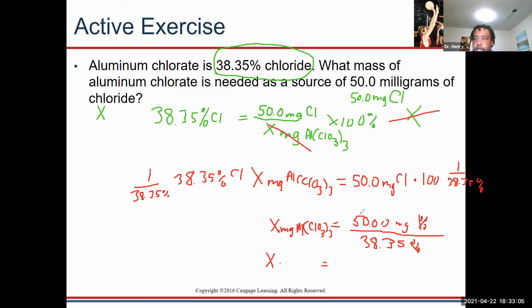So then I get 5,000 over 38.35. I keep forgetting, I get excited and I want to skip steps. So these guys are going to cancel each other out.